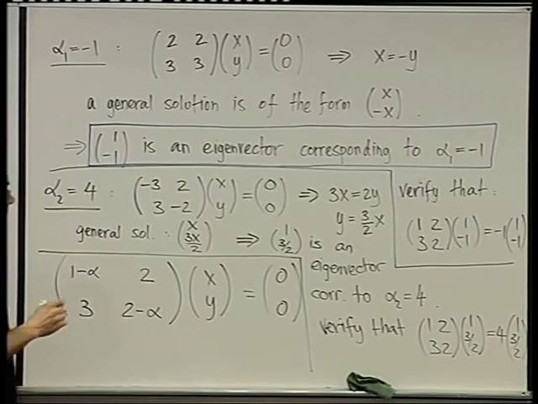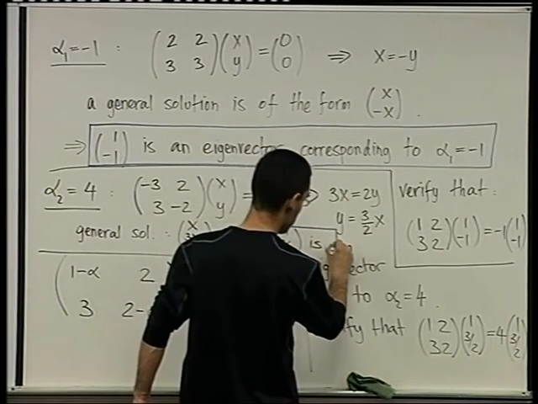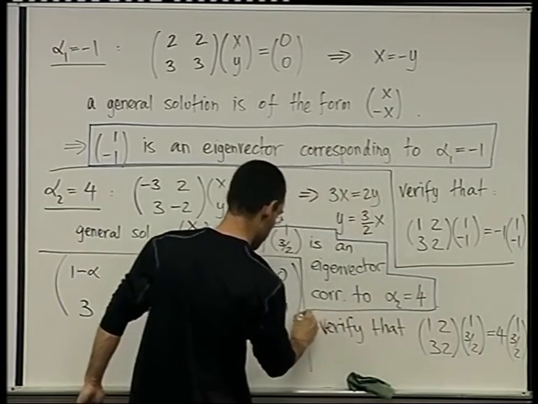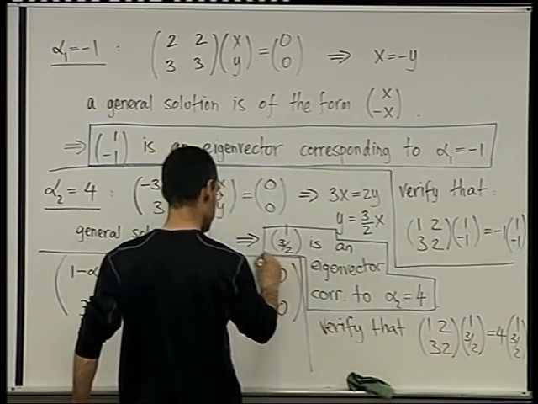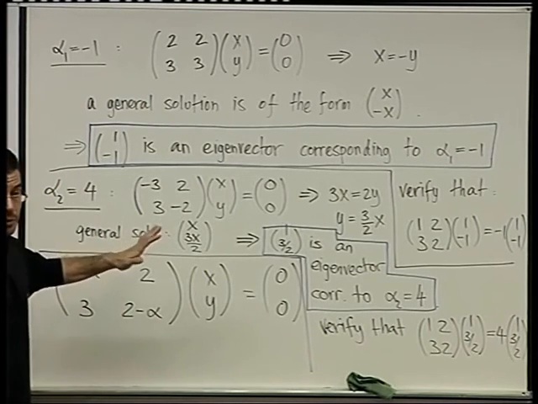Good? And 1, 3/2 is an eigenvector corresponding to the other eigenvalue alpha 2 equals 4. Okay? Any questions on the procedure that we did so far, on everything we did so far?